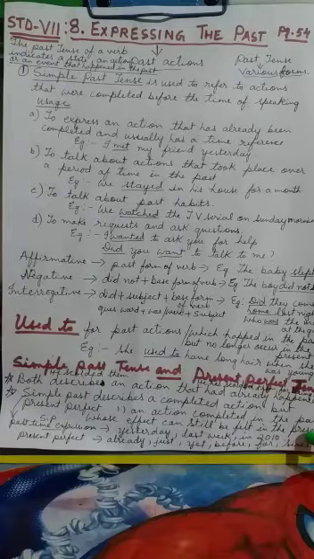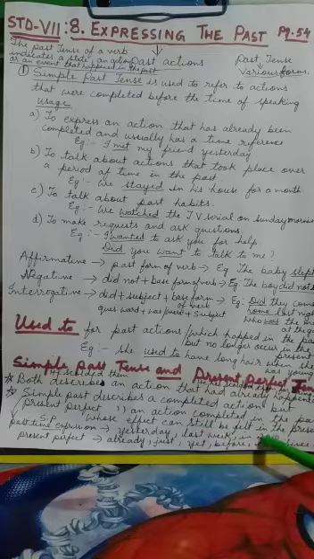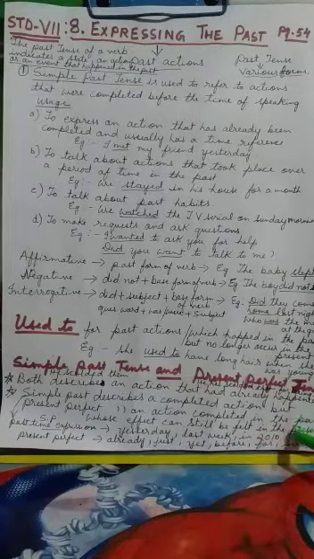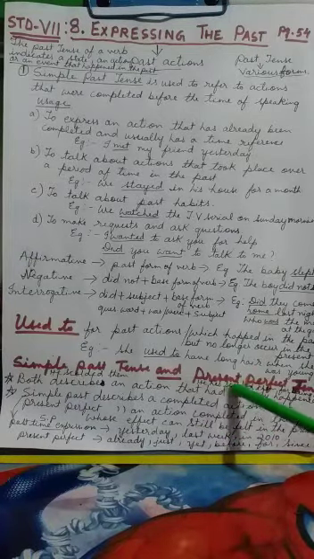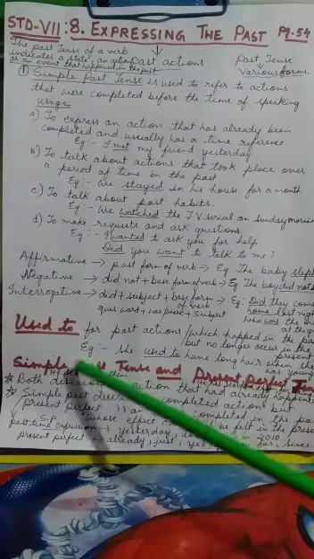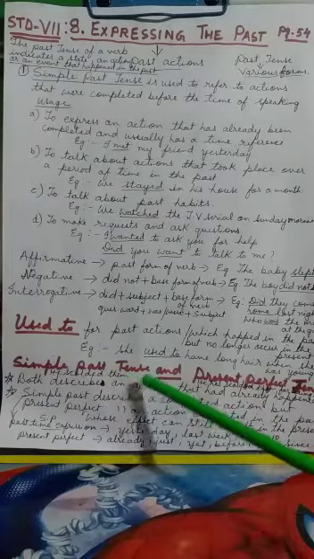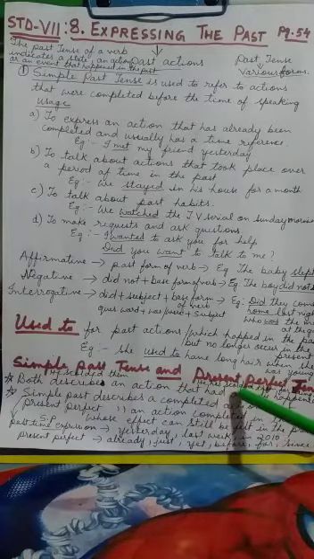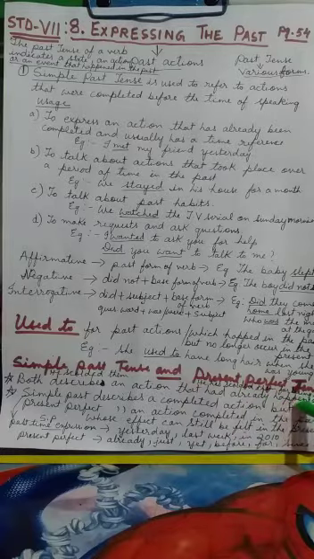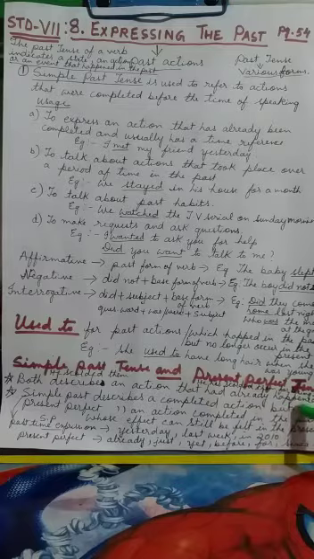So the effect of that particular action which happened in the past can be felt in the present time also. In these cases, we are using present perfect tense. Like for example, he scolded them. The action is over. But if we say he has scolded them for being late.